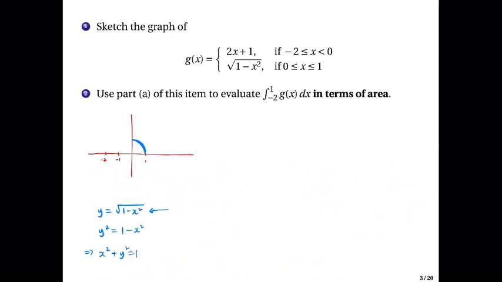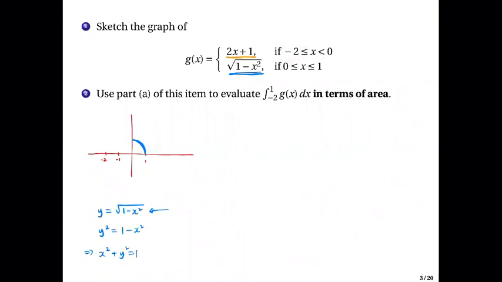So that's for this part. For this other part, it will be easier. It's just a line, so you can just get 2 points on the line, and then you connect the 2 points. You may choose x equals -2, and then x equals 0.